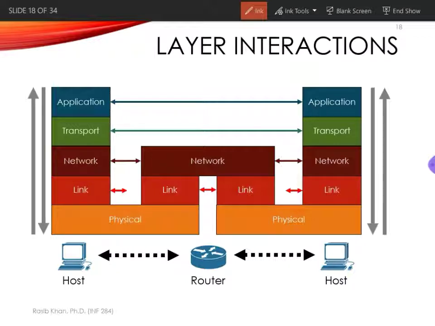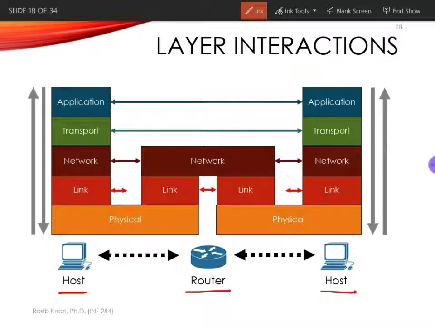The different layers that we have in TCP/IP interact with each other, and also interact with the same layer in another node. So let's say we have a host trying to send and receive a packet to another host through a router.